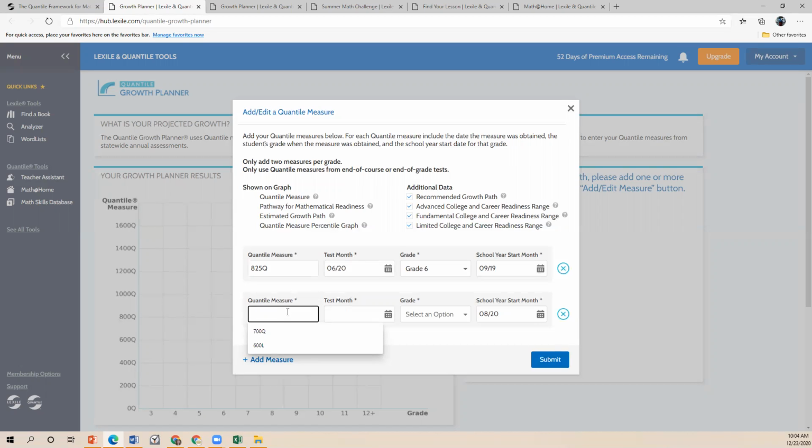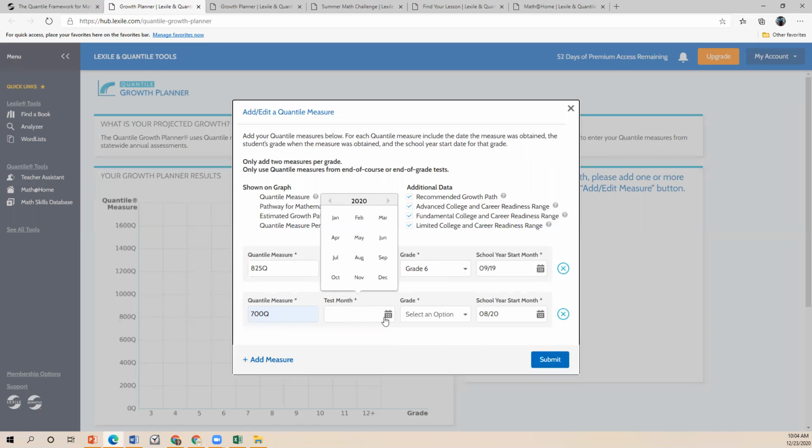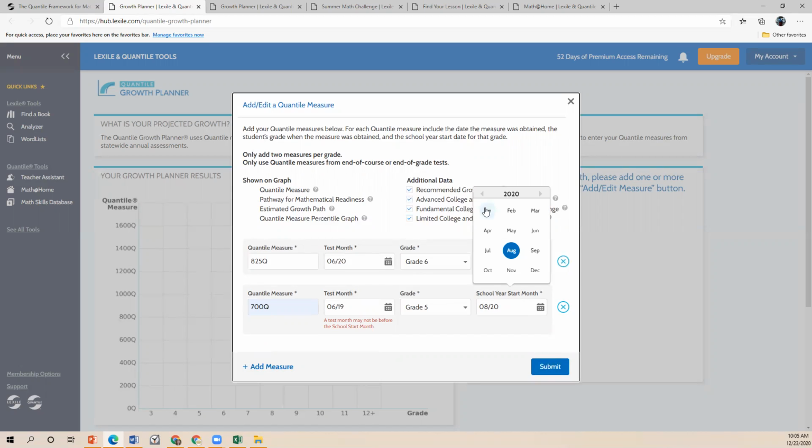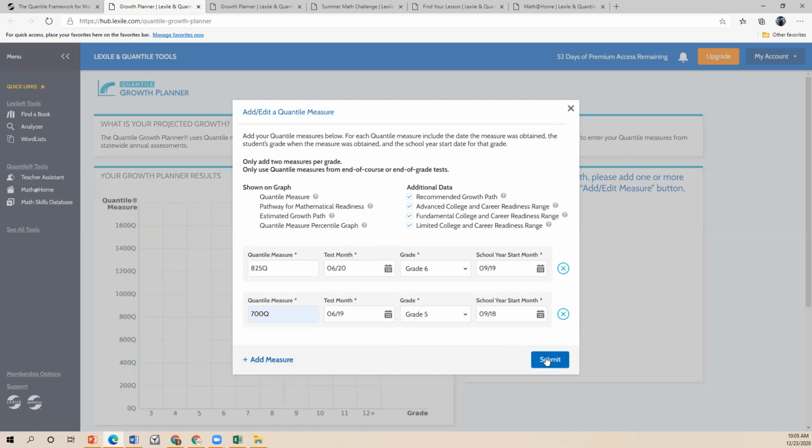So James's quantile measure was 700Q in 5th grade. He tested that year in June of 2019. And he started school that year in September of 2018. And click Submit.